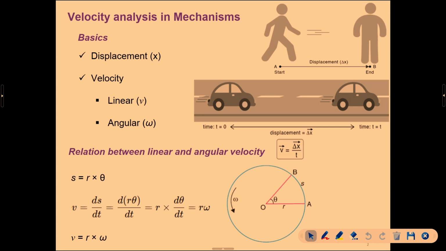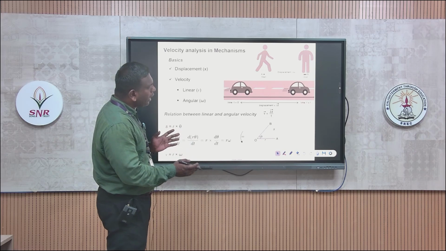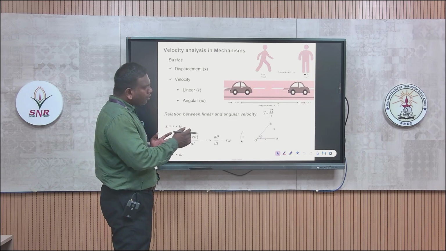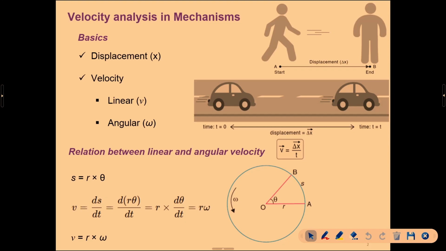There is a relation between linear velocity and angular velocity which is very important in understanding the velocity analysis of mechanisms. So let us consider this third figure where a particle moves in a circular path with angular velocity omega. Let us consider a portion where the particle moves from A to B, whose distance is s and the angular displacement is theta.